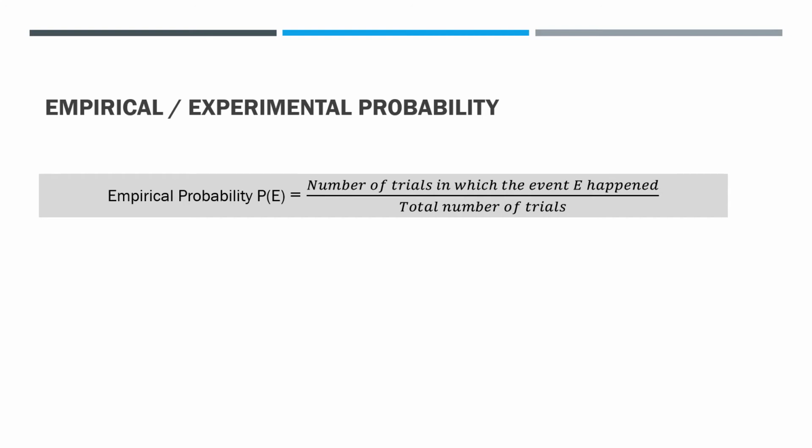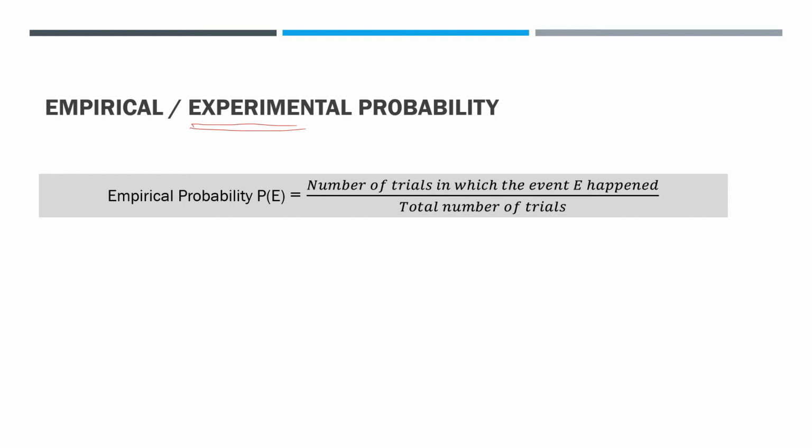If you flip a coin, theoretically you can get either heads or tails. When it comes to experimental probability, it is always about an already performed experiment or already available data. You have already tossed the coin 100 times, and from those observations, you want to calculate probability.